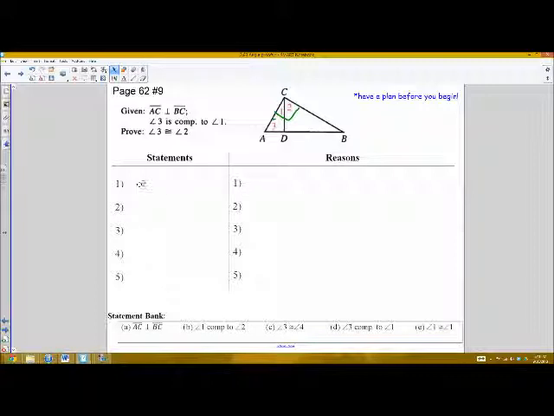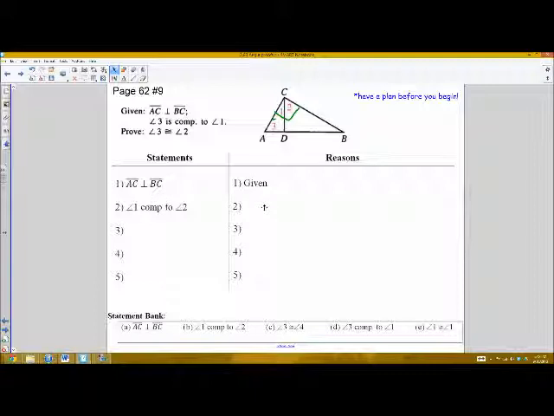The first thing I started with was that the 2 segments are perpendicular, and that was given to me. From them being perpendicular, I concluded that angle 1 is complementary to angle 2. Now I have to go through that long list of theorems, definitions, and postulates to figure out why this is true.